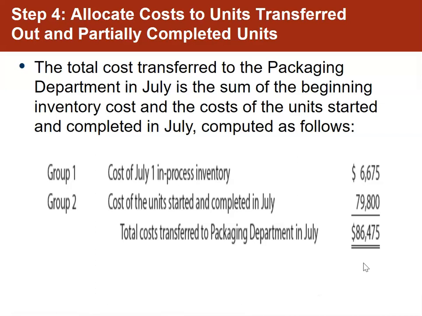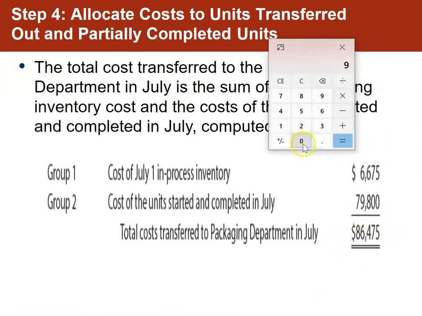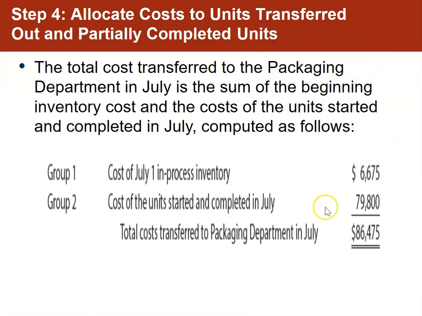The difference between 90,000 and 86,475 is going to be the value in the ending work in process account for the mixing department.